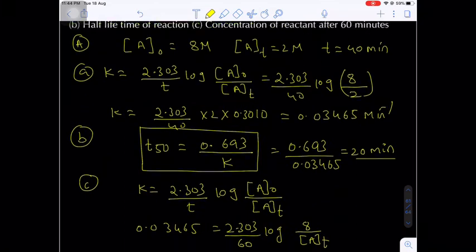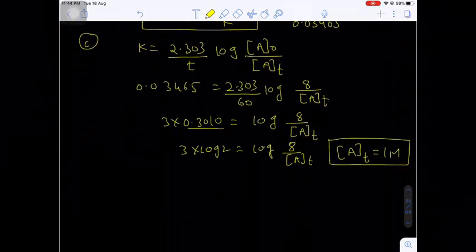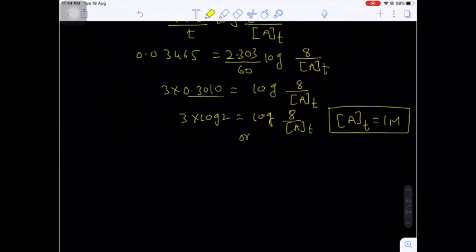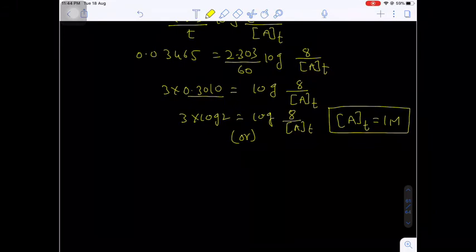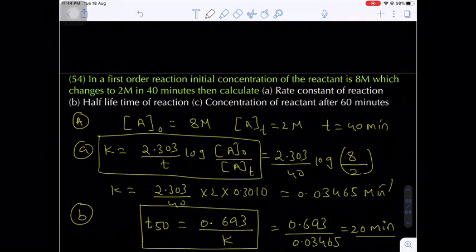Okay. Now without using this formula, we can also solve this numerical like this. There is an alternative method I am explaining. Now first of all, what is the initial concentration of the reactant given here?